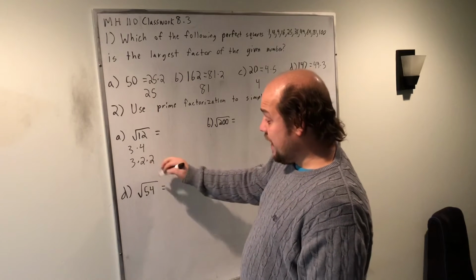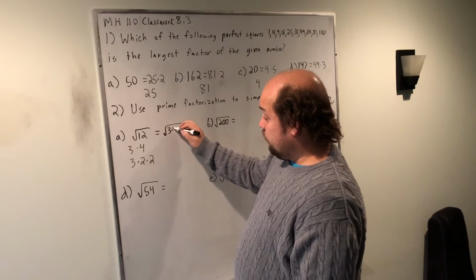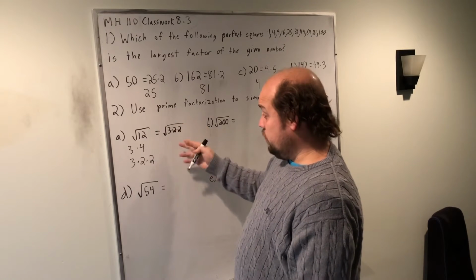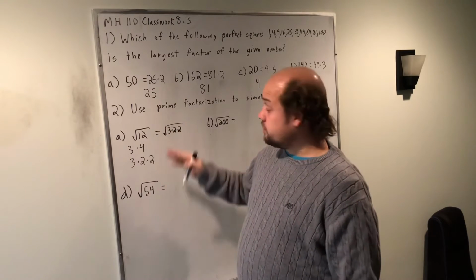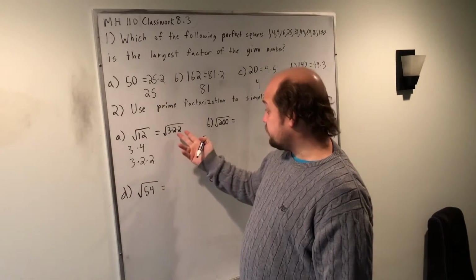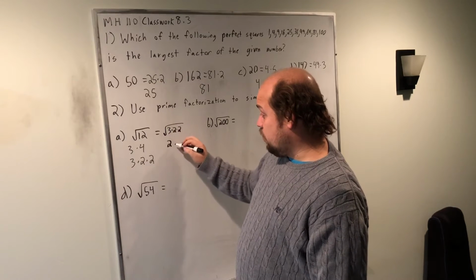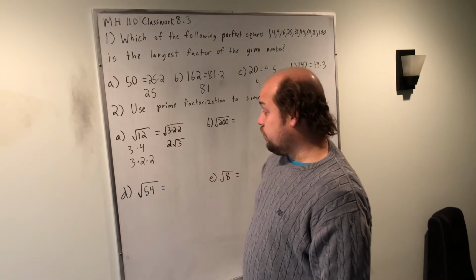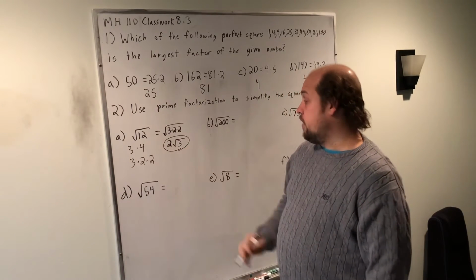The repeated factor comes outside of the root, so essentially I have the root of 3 times 2 times 2. If anything is happening twice under a square root, it comes out once. So the 2 is happening twice, it comes out once, and then what's left behind is the root of 3. That's why my final answer here would be 2 root 3.